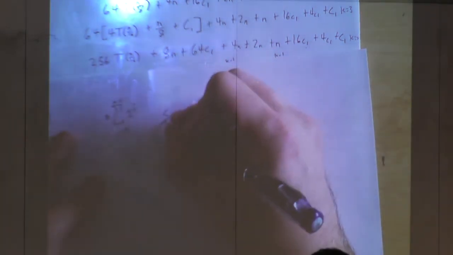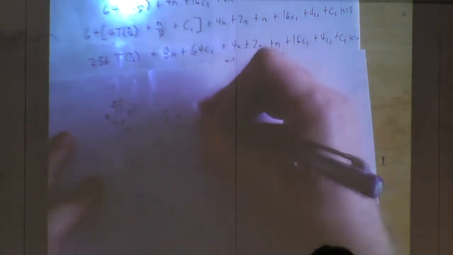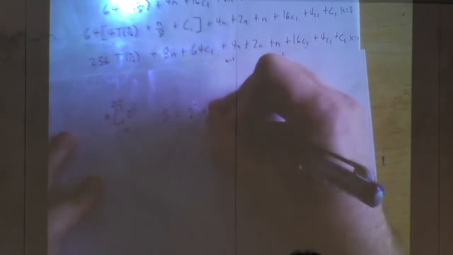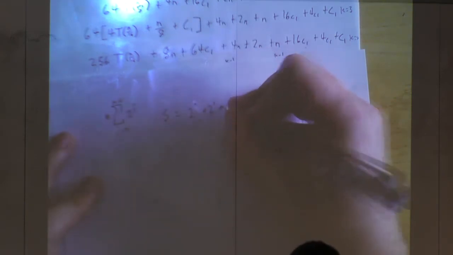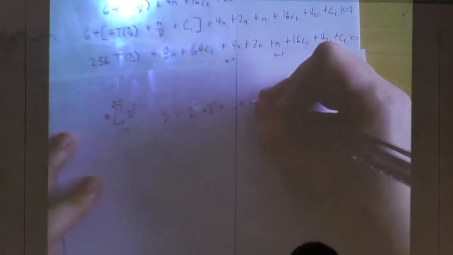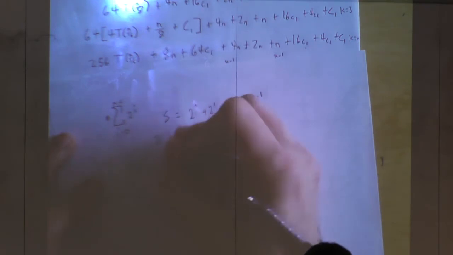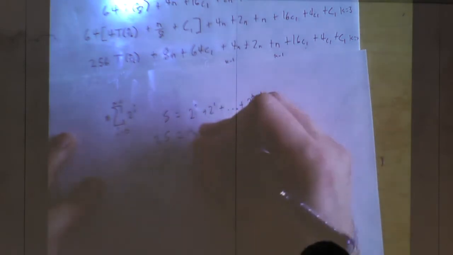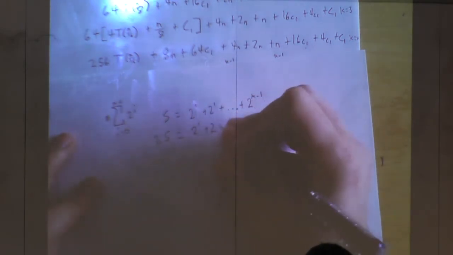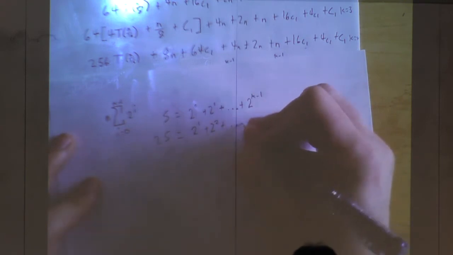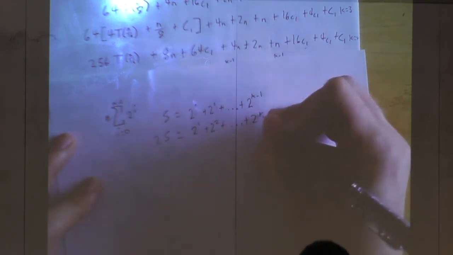The sum is equal to 2 to the 0 plus 2 to the 1 plus dot dot dot plus 2 to the k minus 1, right? Now if we say 2s should be equal to 2 to the 1 plus 2 to the 2 plus dot dot dot plus 2 to the k.